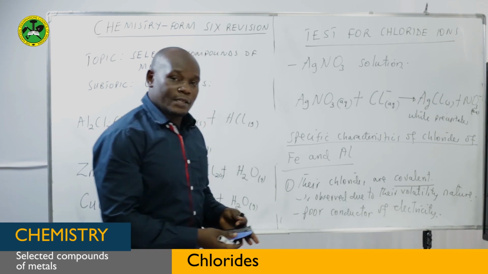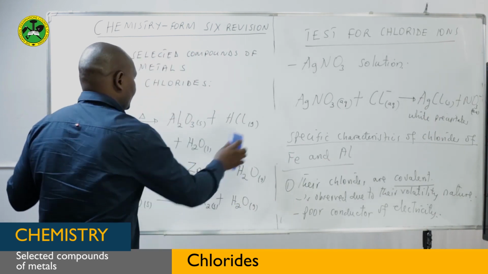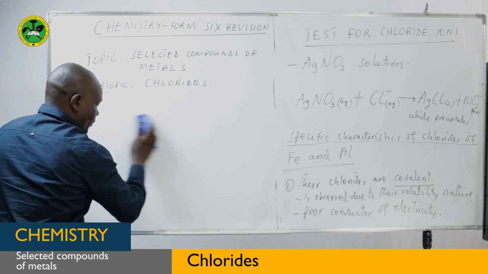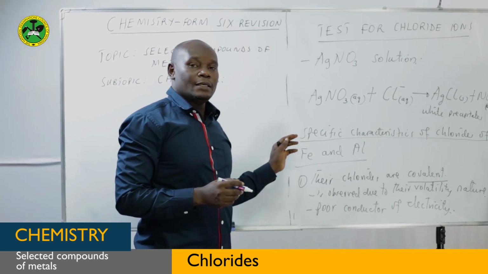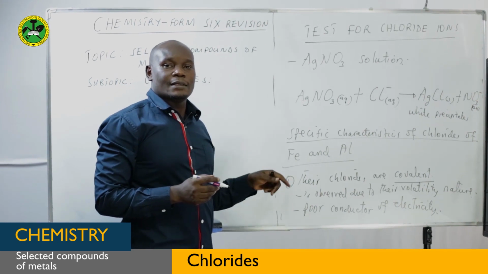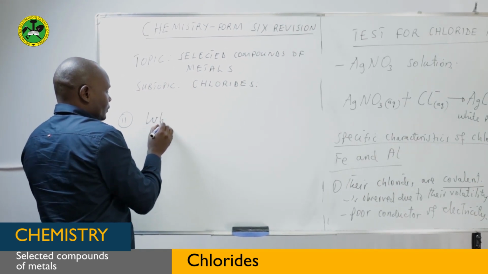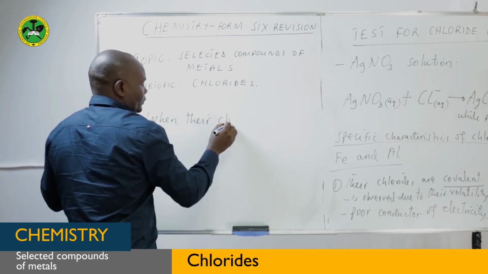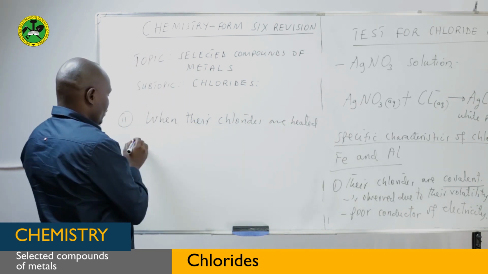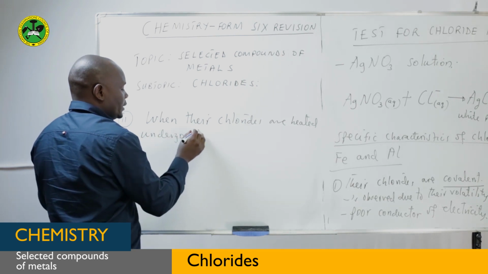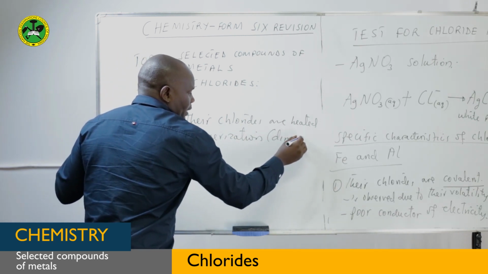Another specific characteristic exhibited by the chlorides of iron and aluminium is that when their solid state is heated, they undergo what we call demineralization, and they exist as dimers in their vapor state.